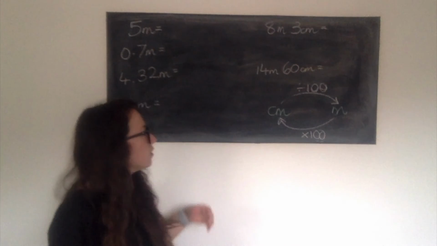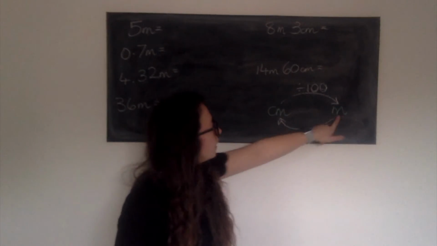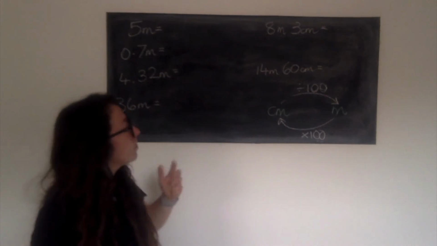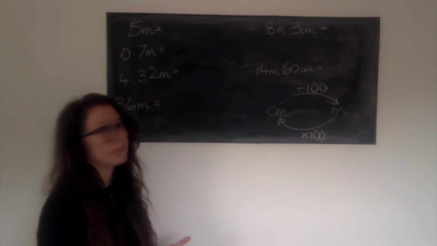Hopefully you realise that this time, rather than dividing, we're going from metres to centimetres, we're multiplying by 100, because for every metre there is 100 times as many centimetres.